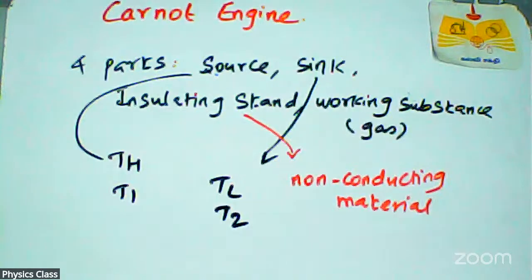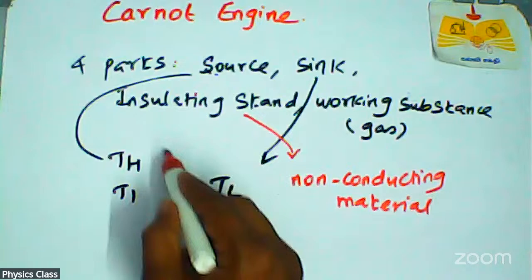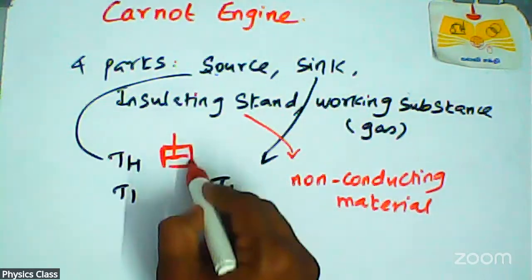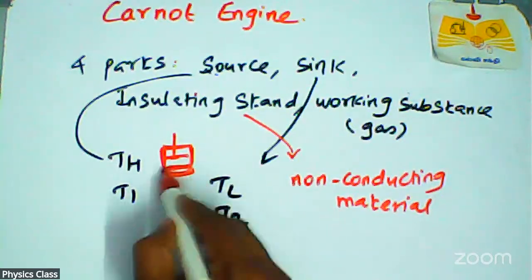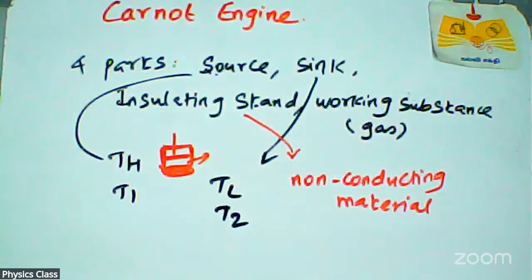It is an ideal gas enclosed in a cylinder with perfectly non-conducting walls and a perfectly conducting bottom. A non-conducting and frictionless piston is fitted in it. So this is the non-conducting wall, this is the conducting bottom, this is the piston, and in between is the ideal gas. So all four parts are there, and the Carnot cycle is there.